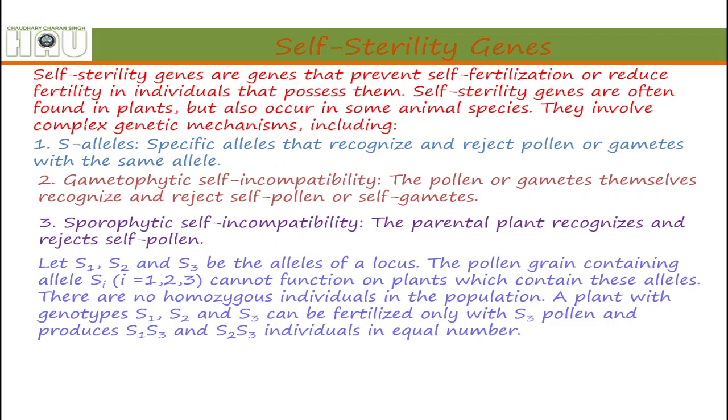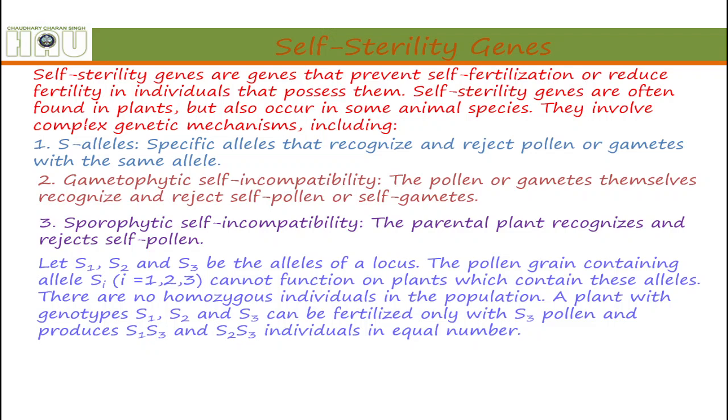A plant with genotype S1 S2 can be fertilized only with S3 pollen, and it produces S1 S3 and S2 S3 individuals in equal number. They cannot produce S1 S1 or S2 S2 individuals, right?